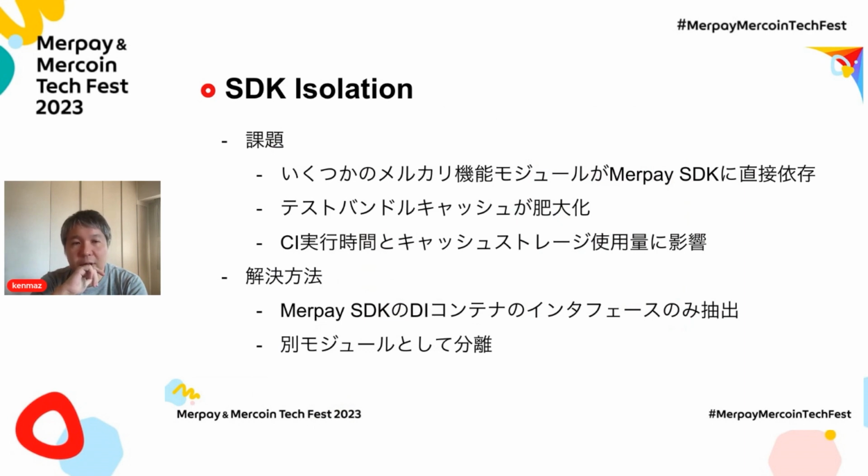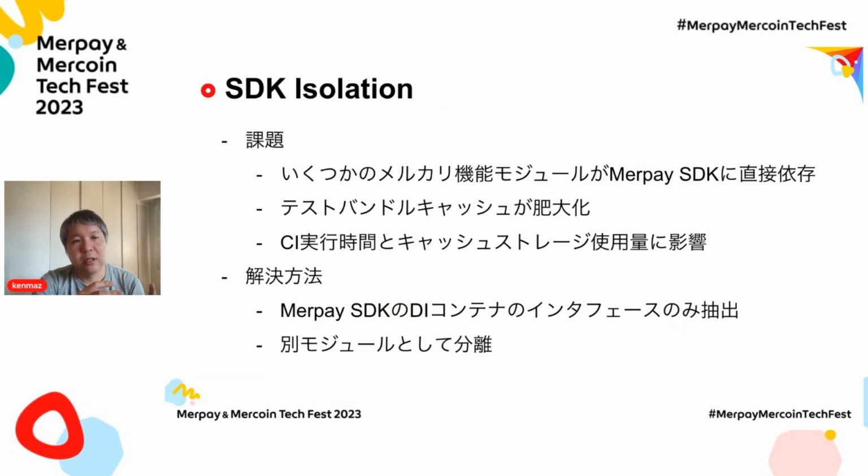And the other problem was that there are several Mercari function modules that directly depend on the Merpay SDK. And this itself is not a problem, but the test bundle cache gets too big, and that was a problem.